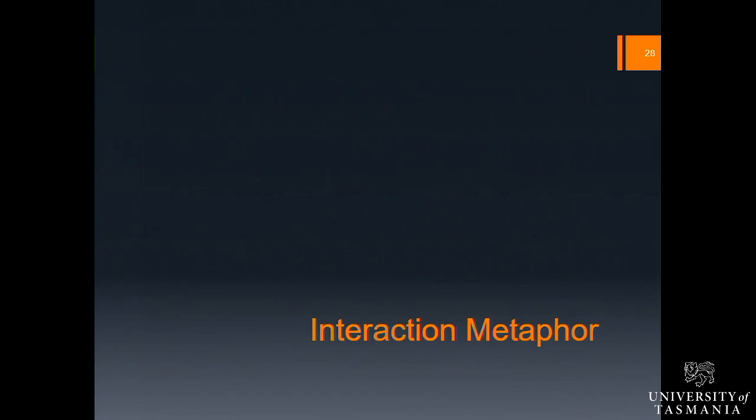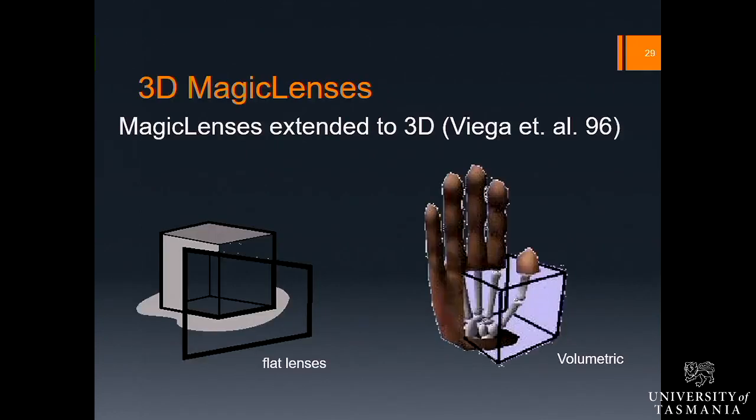In the interface design context of this unit, metaphor is really just a way of projecting your design. Sometimes it's hard to say, my design looks like this, you move this, this will happen. You simply tell them, my interface design is like this. It's like a magic lens. You move your hand inside the space. In this case, you want to scan, and you have the box that runs through, and you have an X-ray that displays the part you're moving to.